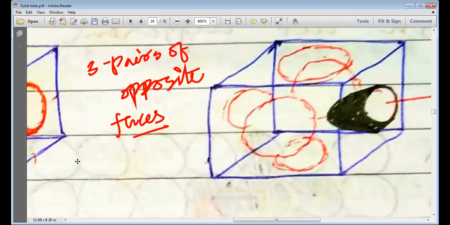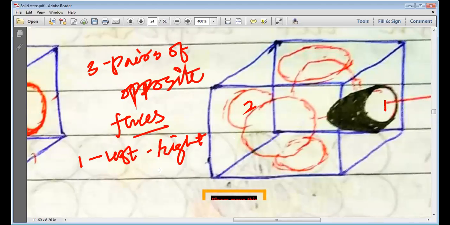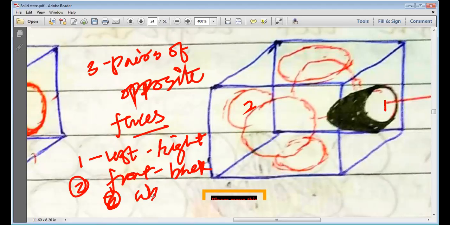One pair is this 1 and 2, which is left and right. Another pair is front and back. And the third pair is above and under.